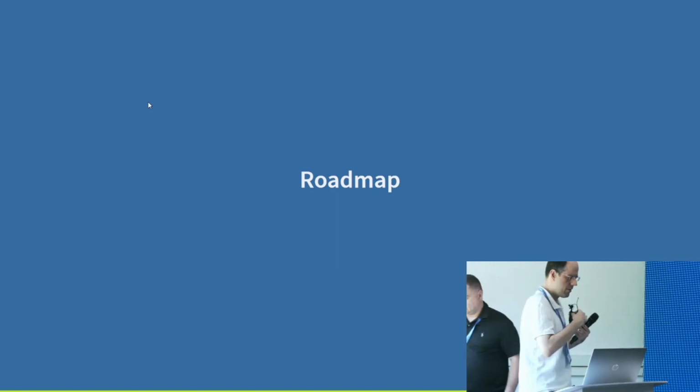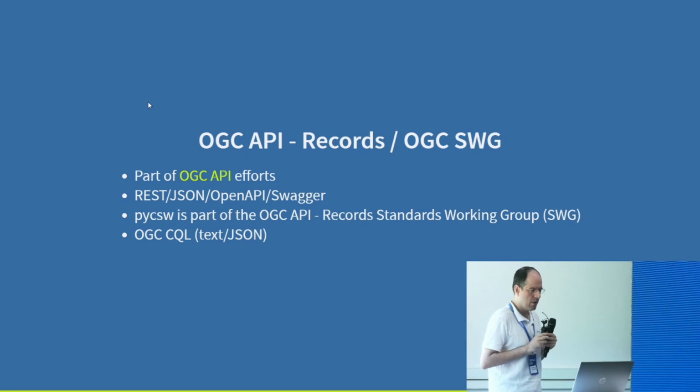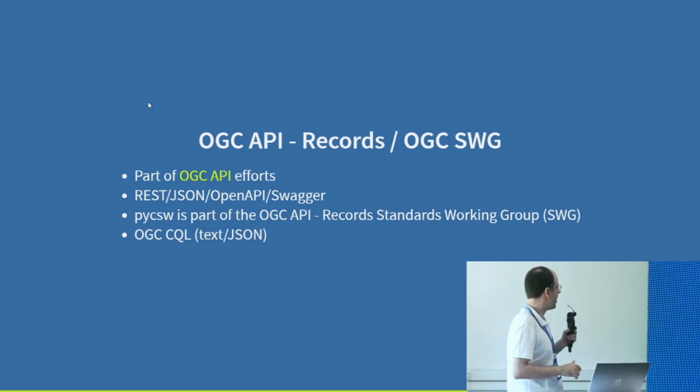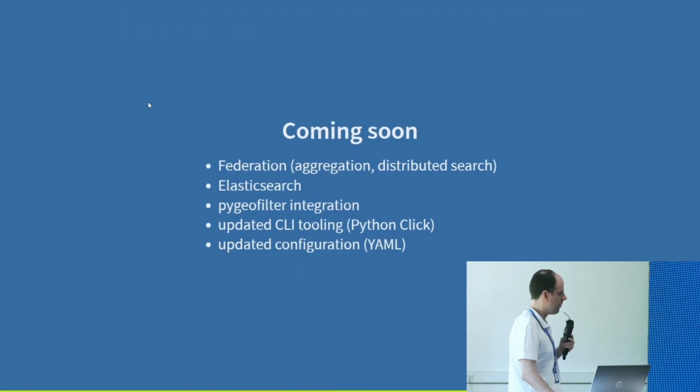All right, thank you. Regarding the roadmap of the project, as we already said, we are involved in the OGC API Records SWG. We have been working with the standards group, and we are implementing standards on OGC API Records and CQL support and everything that is involved there.